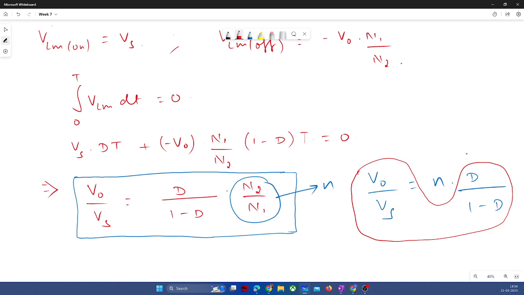And with this introduction of N, the range of this transfer function is very high. So even with 100 volts of input, we can get 5 volts of output. The variation will be very high, so we will have large flexibility in the relationship between output and input.